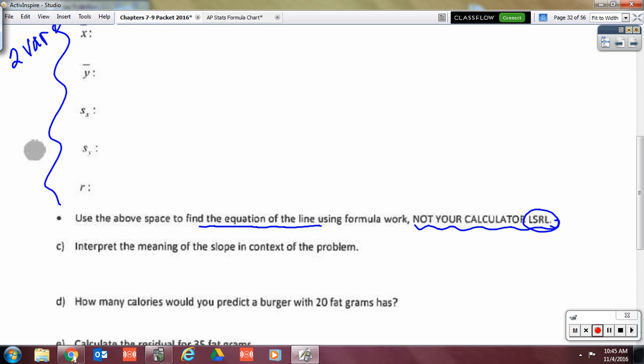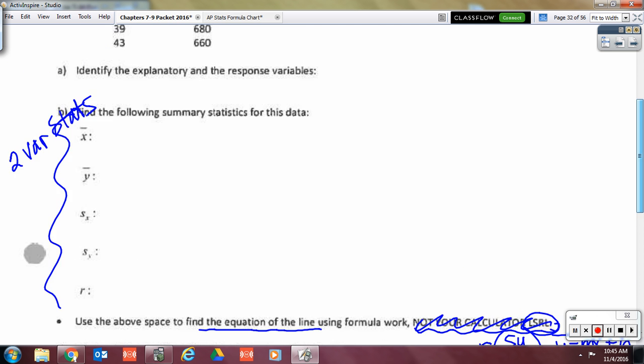Basically, I was hoping that you would use this process here and show using this information. Okay, so it's a little redundant. But I tell you what, this lesson, there's so many pages to this assignment that I'm going to kind of nix that. If you want to just go ahead and get the LSRL from your calculator, that's fine. Let's just move on from there.